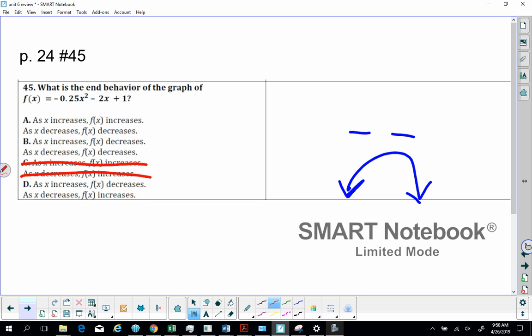Look at all these other answer choices. This one has an increases for f of x, so I know it's not that. This one has f of x increases, so I know it's not that. Ding, ding, ding. We found the right answer. Yes, process of elimination.